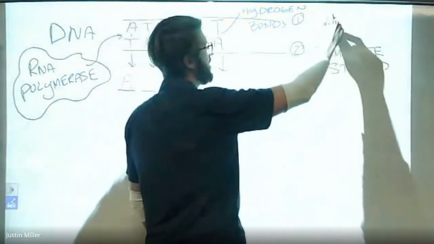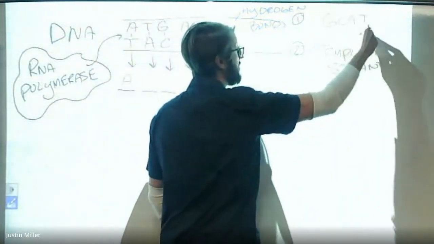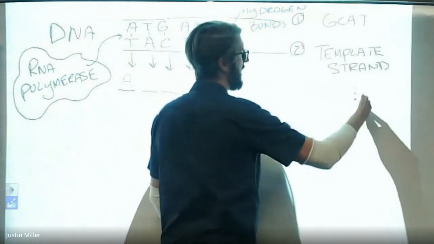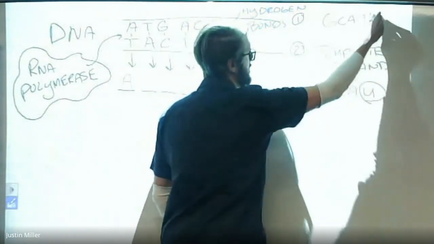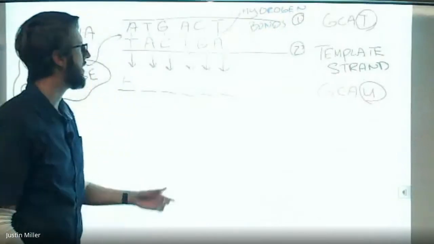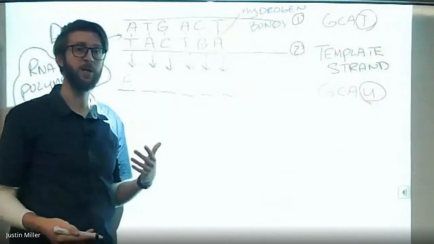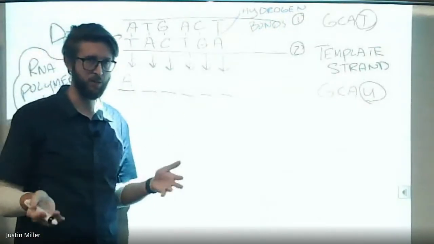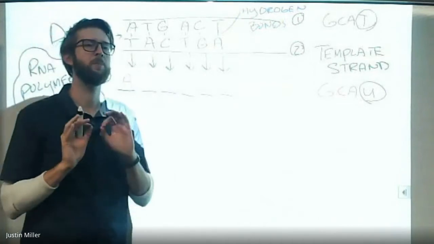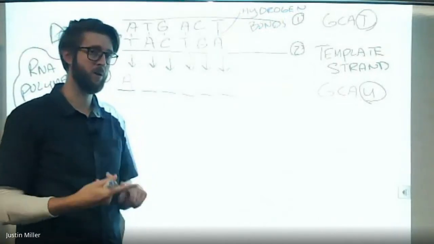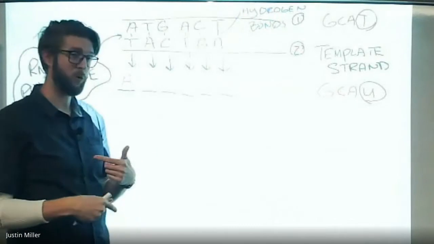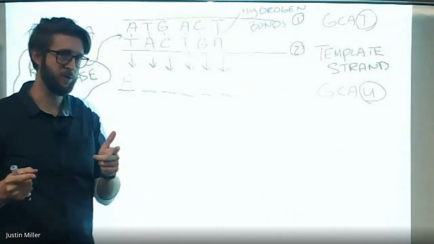But remember that DNA is G, C, A, T, but RNA is G, C, A, U. Remember, there's a U instead of a T. So everywhere we would otherwise put a T if we were working with DNA, you have to remember I'm not working with DNA, I'm working with RNA. So everywhere I would normally put a T, I'm going to put a U instead.